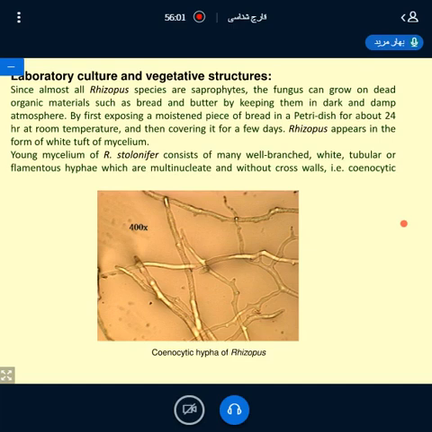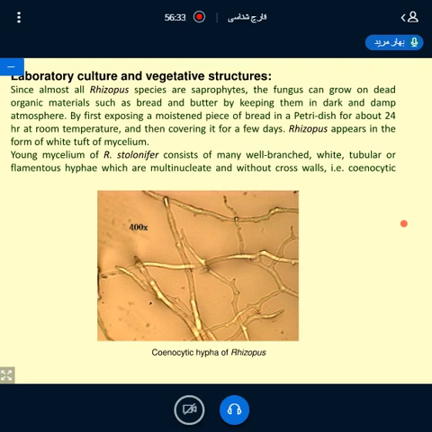Laboratory culture and vegetative structure. Since almost all Rhizopus species are saprophytes, the fungus can grow on dead organic material such as bread, butter, and other dead organic material, by keeping them in a dark and damp atmosphere.